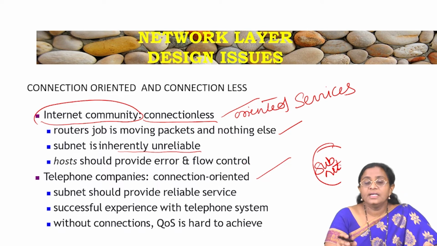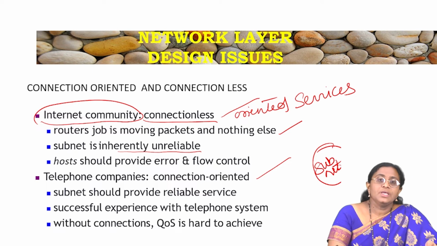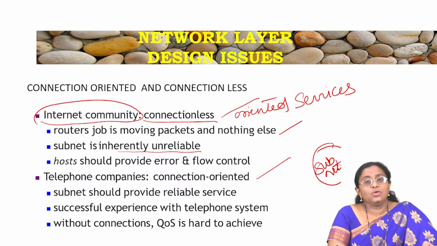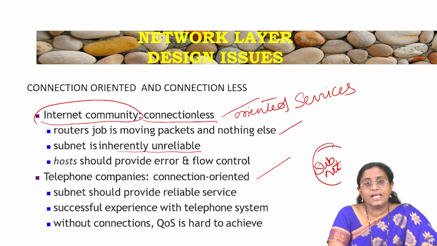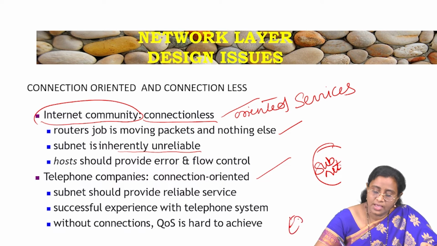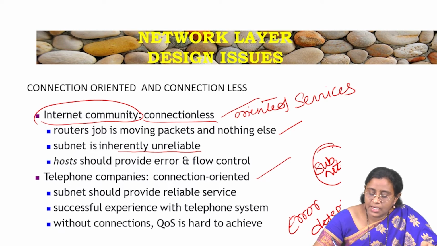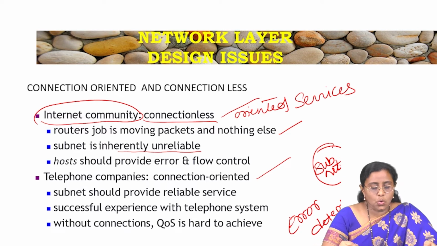There should be techniques to detect erroneous bits and control the flow of heavy traffic. If there is any corruption or disruption of the bits while transmitting from one node to another, that should be identified by error detecting techniques such as CRC, cyclic codes and checksums. So the host should provide error and flow control.